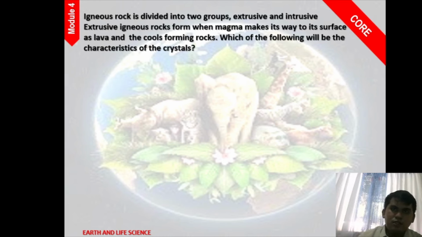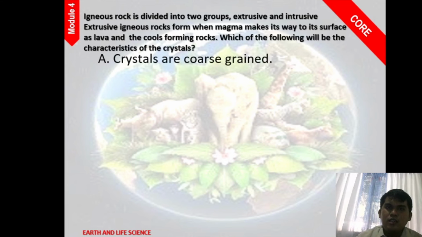Igneous rocks divide into two groups, intrusive and extrusive. Extrusive igneous rocks form when magma makes its way to the surface as lava and then cools, forming rocks. Which of the following will be the characteristics of the crystals?